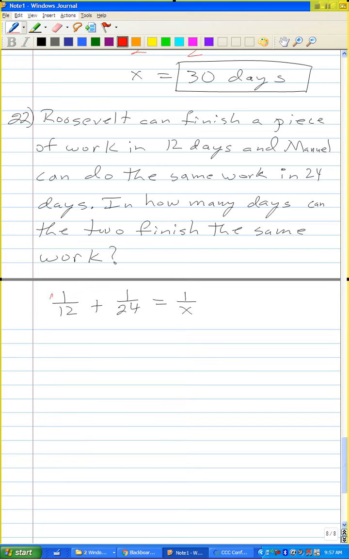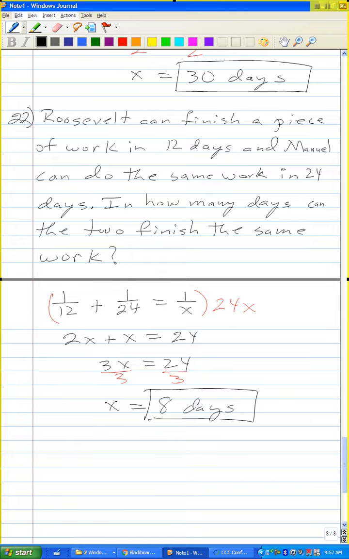Multiply both sides of my equation by 24x. 24x divided by 12 is 2x. 24x divided by 24 is x. 24x divided by x is 24. So I get 3x is equal to 24. Divide both sides of my equation by 3. And so x is equal to 8. And so they can complete the job working together in 8 days.